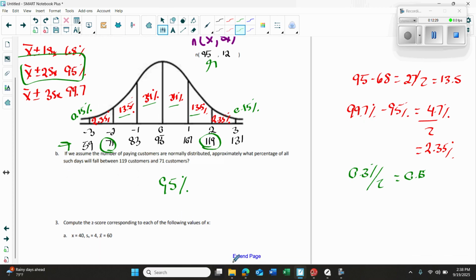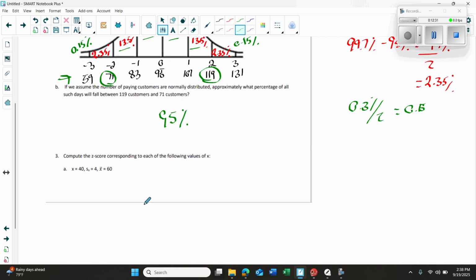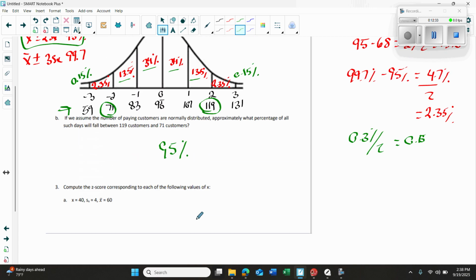All right, lastly, a z-score calculation. I know there were 2 parts there. I only snipped one of them. Compute z-score for the corresponding values of x. All right, so that's using the z-score equals the value minus the mean all over the standard deviation. So the formula for here would be 40.